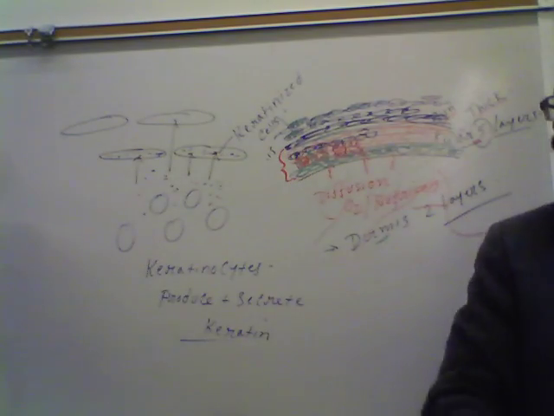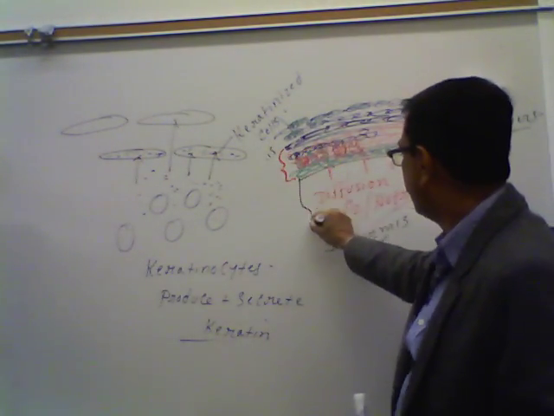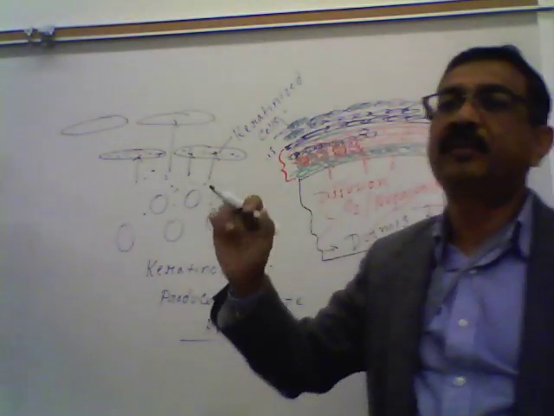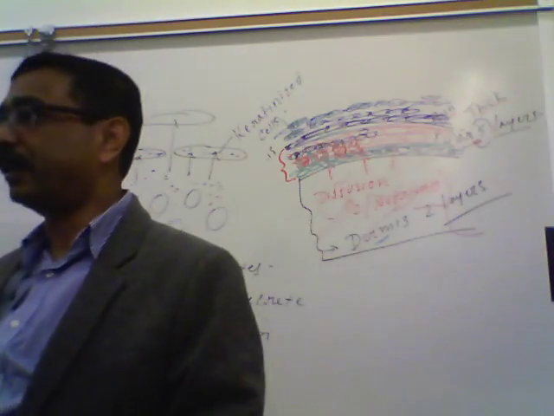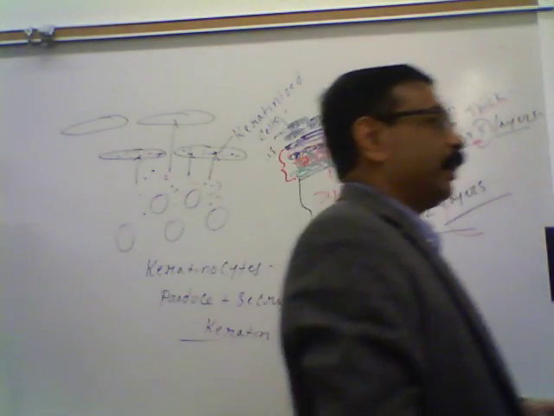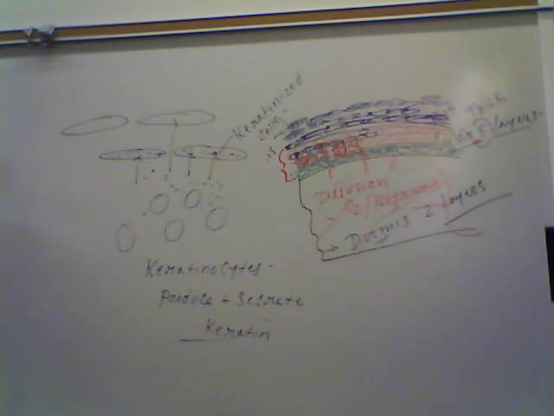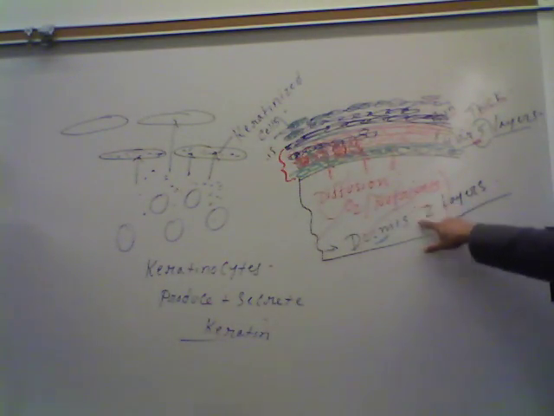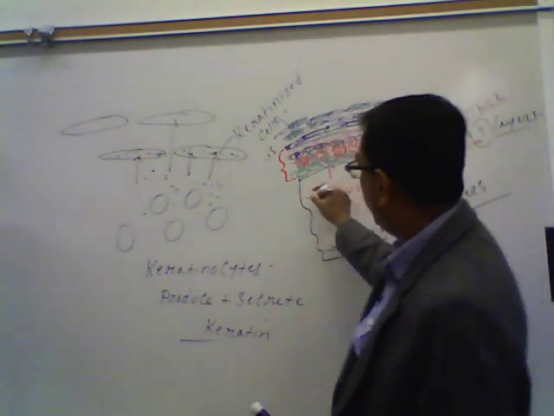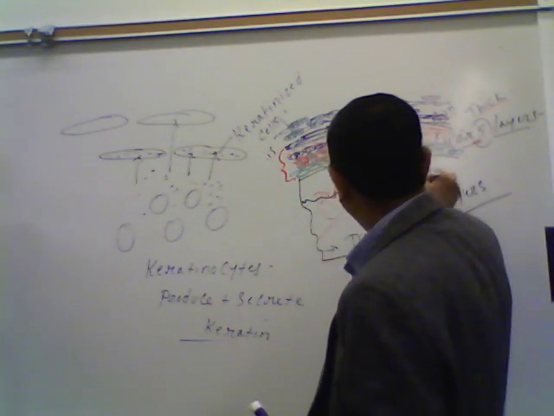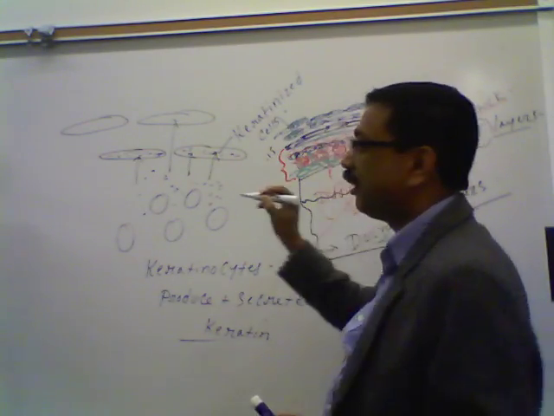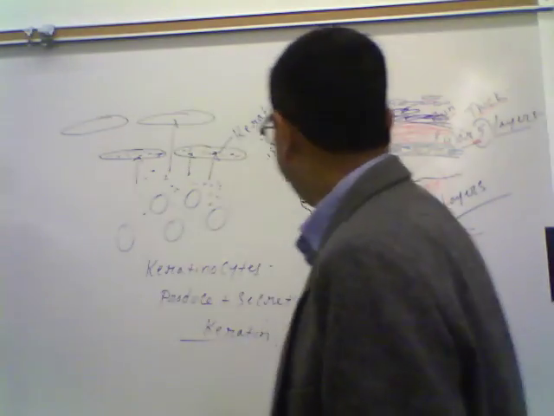Now we'll talk about the dermis, the inner layer of the skin, which is very thick, and most of the skin structures that I have shown you are present in the dermis. Although it is very thick, it has only two layers. The outer layer is called the papillary layer, which forms about 20% thickness, and the inner layer is the reticular layer.